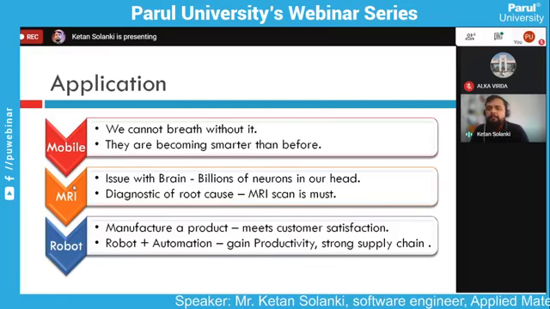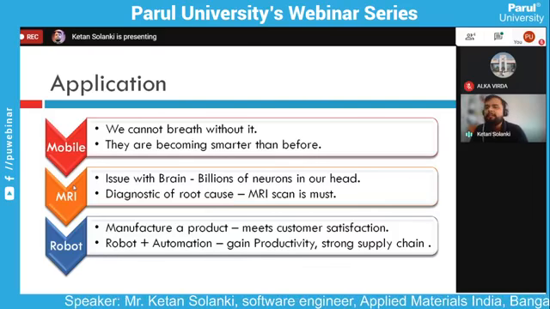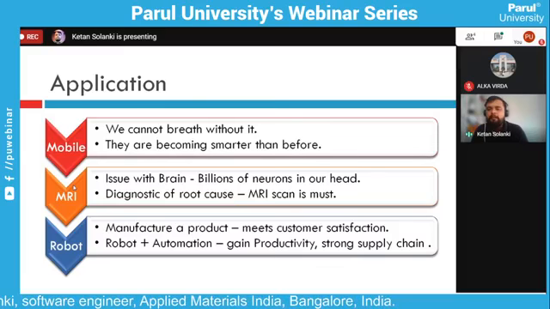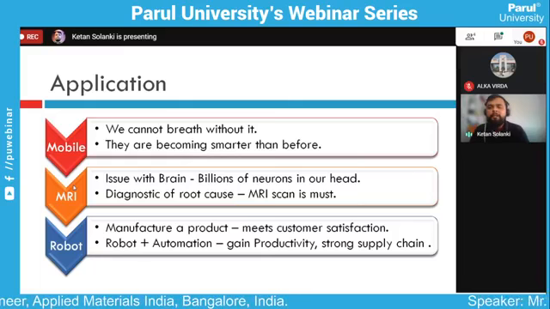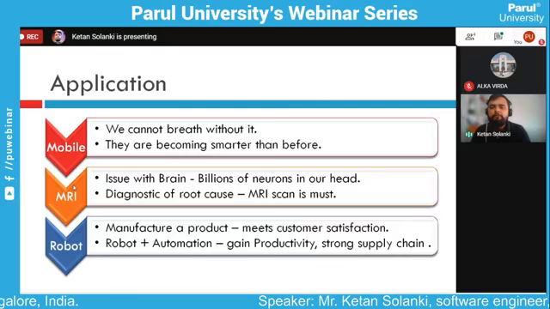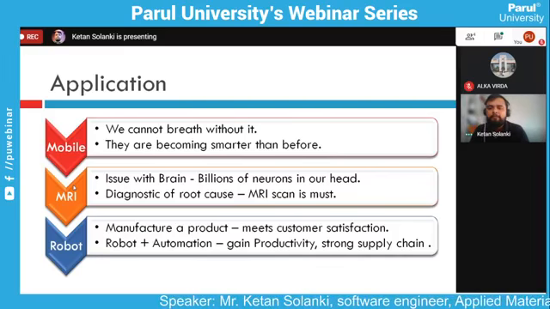Then we think about medical science and medical technology, and how they are growing. We'll take the example of the MRI scan. Suppose we have some issue with the brain. There are billions of neurons in our head, and to detect the root cause of the issue, we cannot do it ourselves or by human calculation.